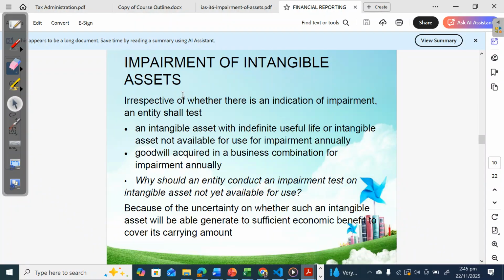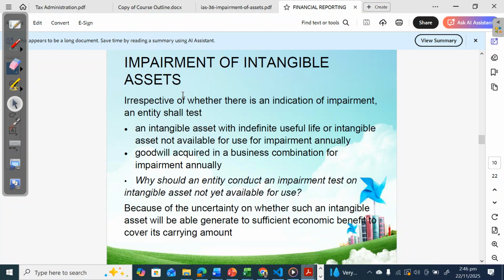It's an asset we cannot touch, though it's still an asset. For instance, a license. If you have, let's say, a mining license, it is an asset because it allows you to engage in mining. Maybe a patent, a copyright, or trademarks.